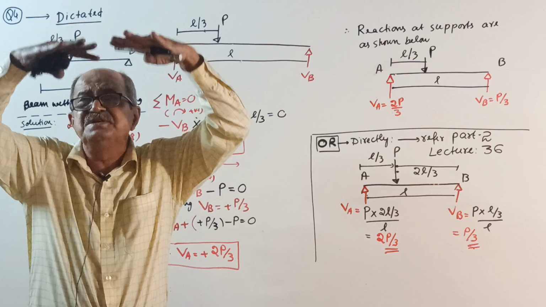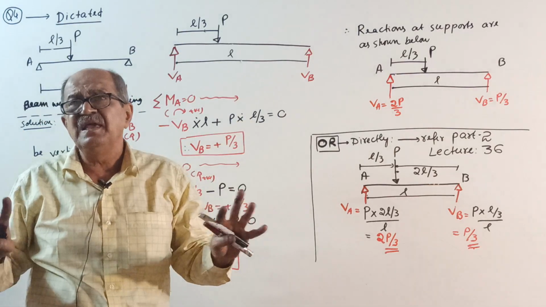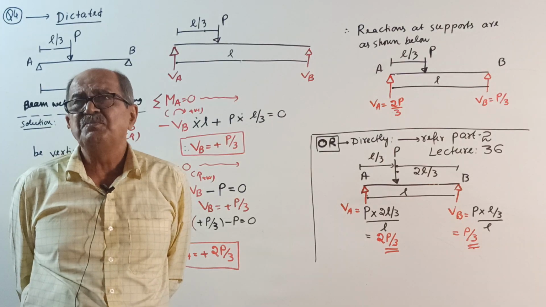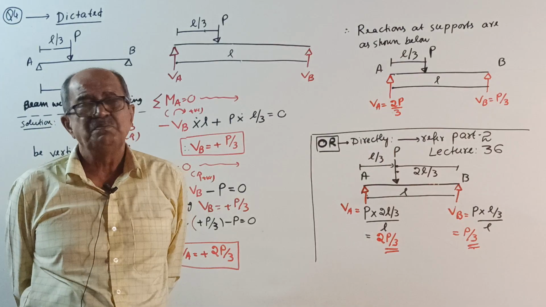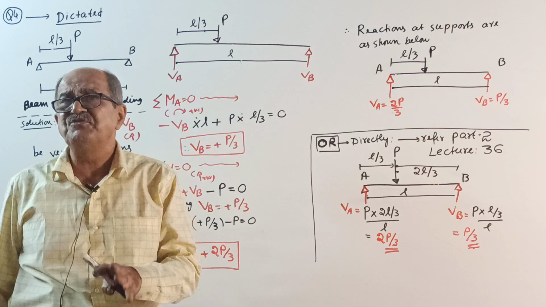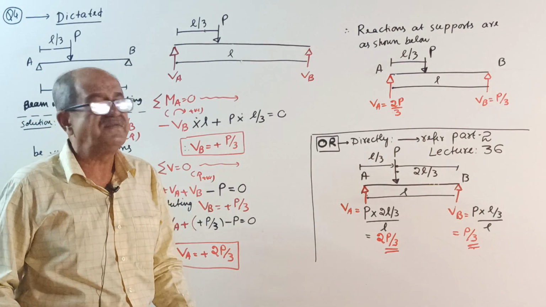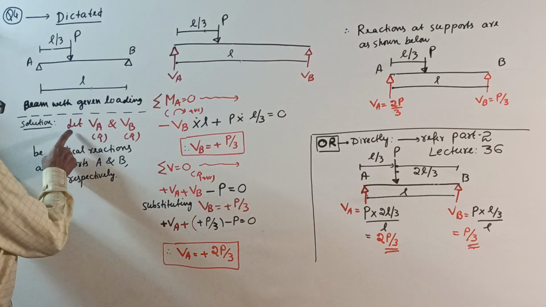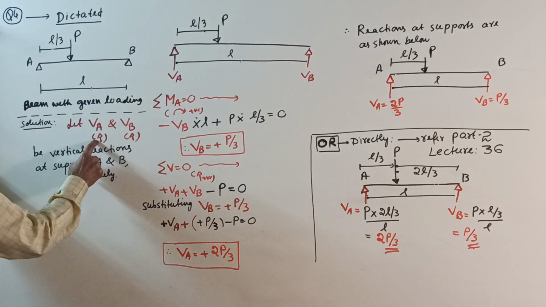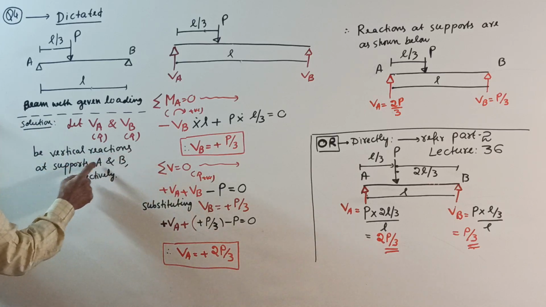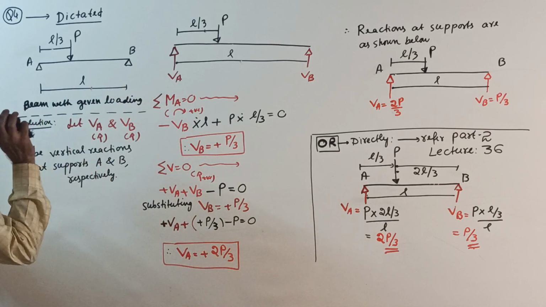Since the loading is down, the vertical reactions will be up. Anyway, the assumption of direction is your choice. By chance you take wrong direction, negative sign will come. So these all you write. Next time I won't tell all these things. Let VA and VB, both considered to be upward, be vertical reactions at supports A and B respectively.